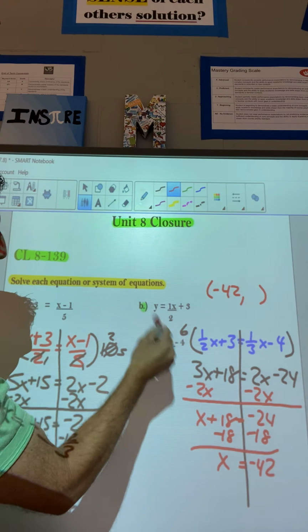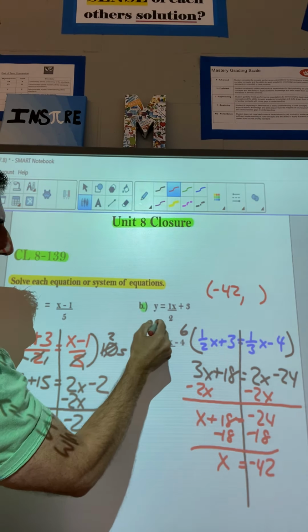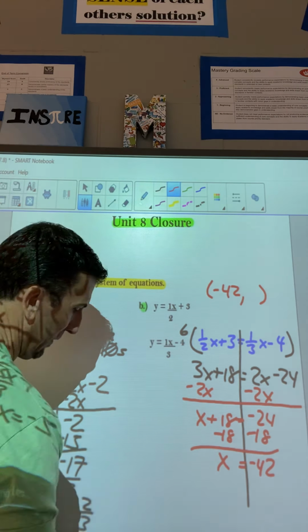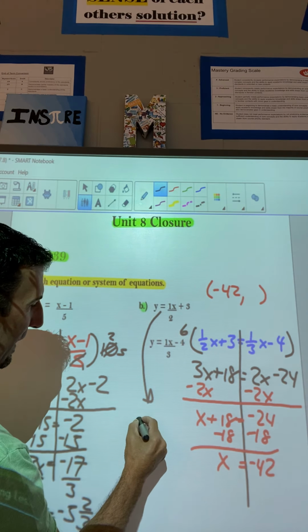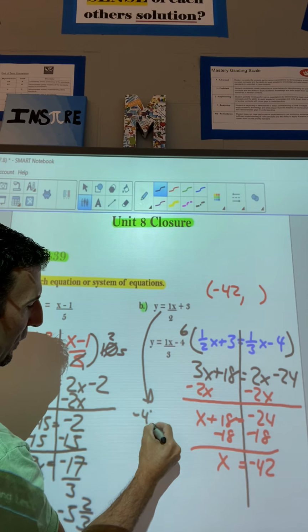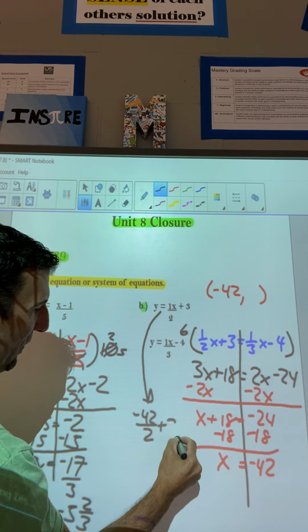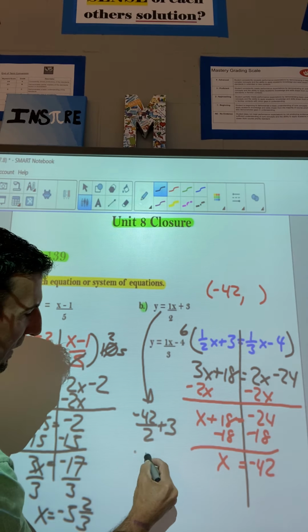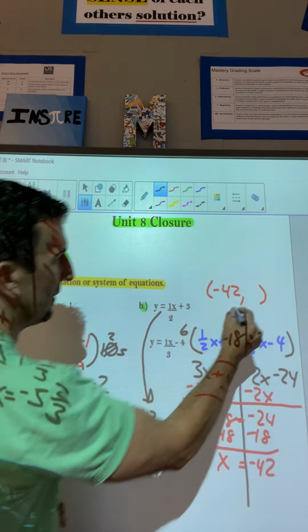So put a negative 42 into one of these. I'm going to do it into this one. So I would have negative 42 times 1 is negative 42 over 2 plus 3. That's negative 21 plus 3, which is negative 18.